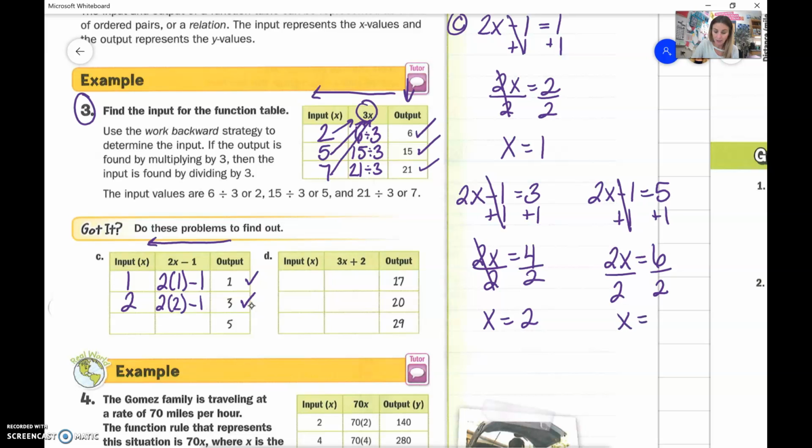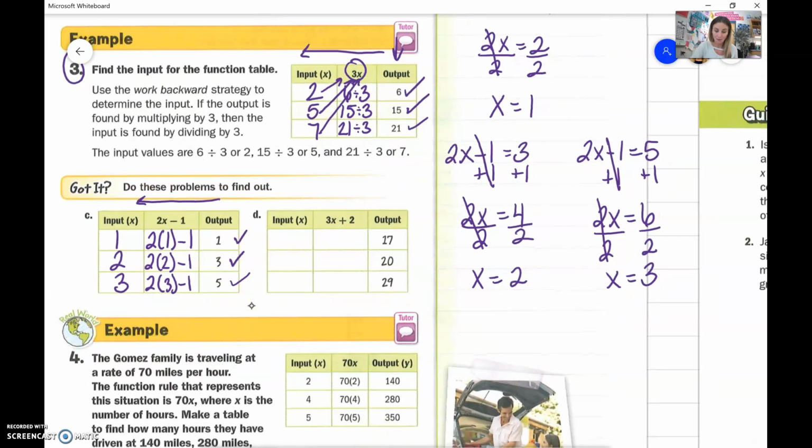I'm left with x equals 3, because that cancels out, and 6 divided by 2 is 3. So now I'm going to go back. 2 times my x, which we say is 3, minus 1. 2 times 3 is 6. 6 minus 1 is 5. Check.